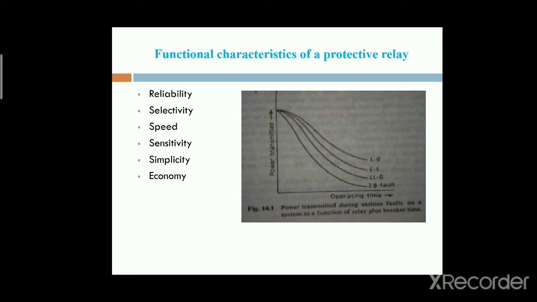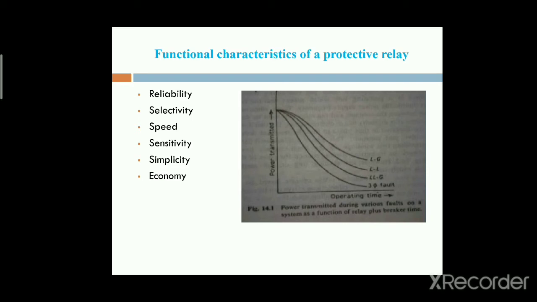Then automatically the cost per unit of output will also increase, and the customers will be reduced. That's why we consider economy of operation in the case of protective relays.